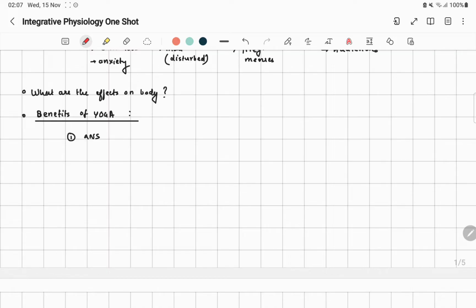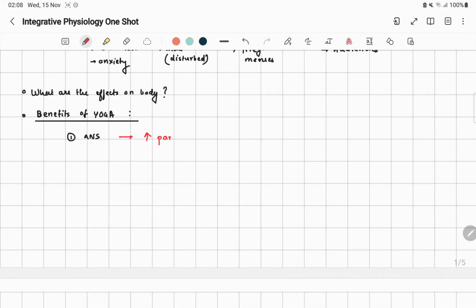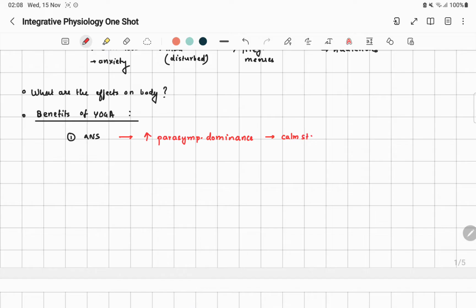They improve mental well-being by increasing parasympathetic dominance over sympathetic. This parasympathetic dominance will decrease the heart rate, decrease the BP, and bring the body into a calm state.